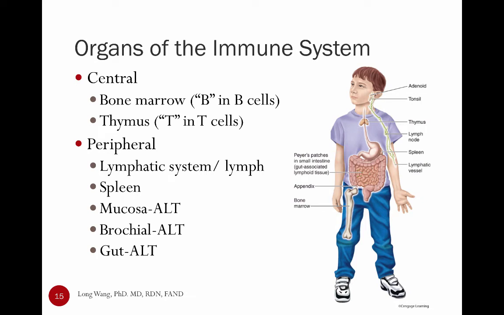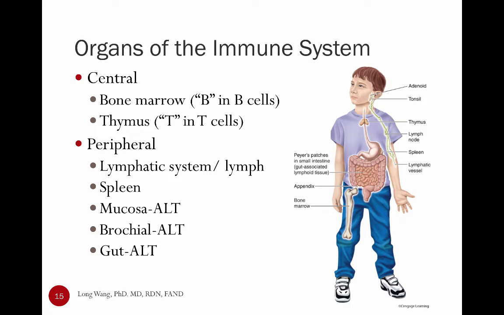What's the composition of the immune system? If we look at this figure, we see different organs and tissues in the immune system. If we look closely, we will notice, unlike other systems, like for example the GI or the nervous system, which are connected.